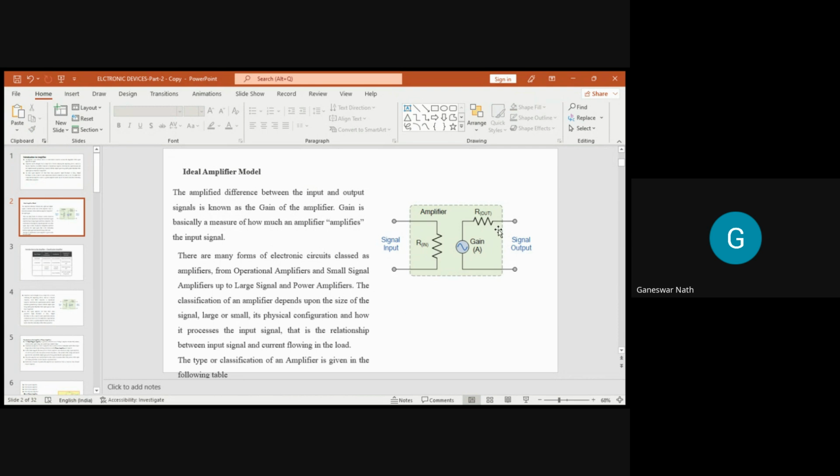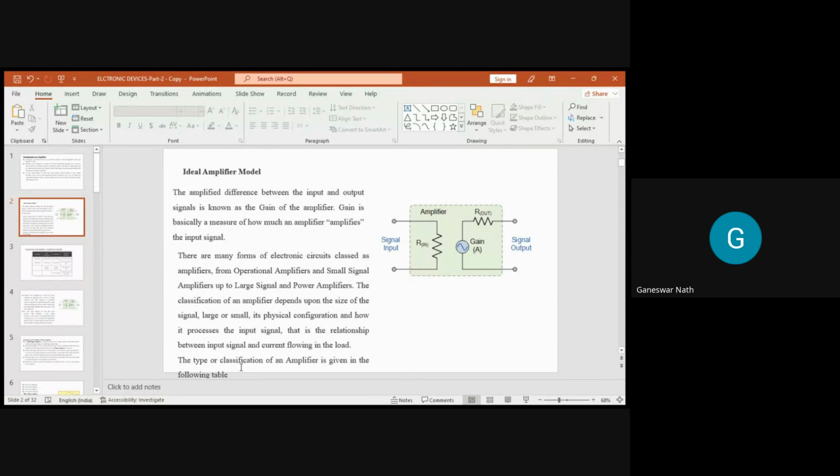Basically, whatever amplified portion we are getting, we term it the gain. There are many forms of electrical circuit classified as an amplifier, from operational amplifiers and small signal amplifiers up to large signal and power amplifiers.